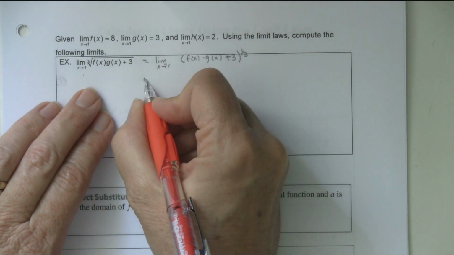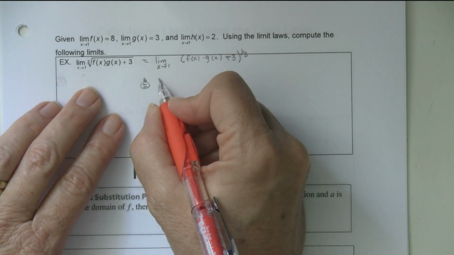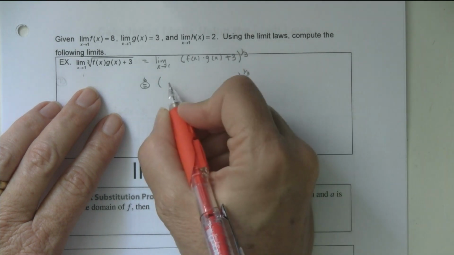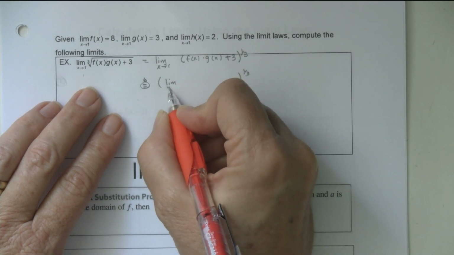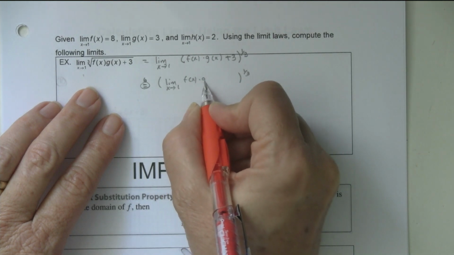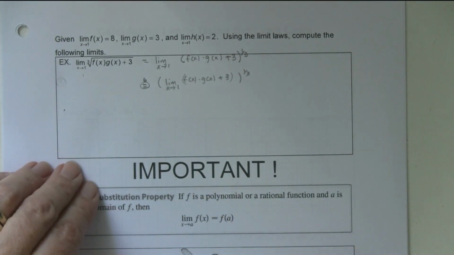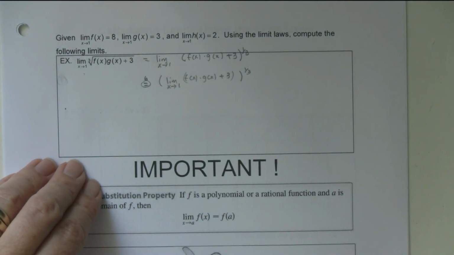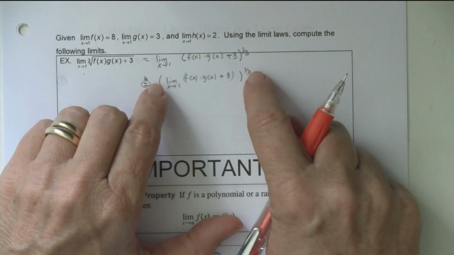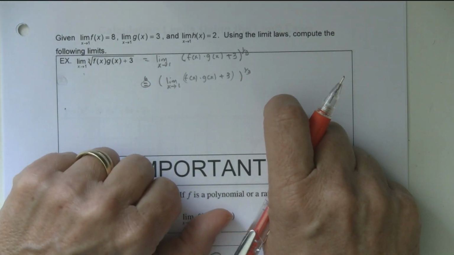Then I want to apply number 6 to that and write this as the limit as x goes to 1 of f of x times g of x plus 3, raised to the 1/3. So that's my first thing, is to take this and apply it after the limit, the raised to the 1/3.